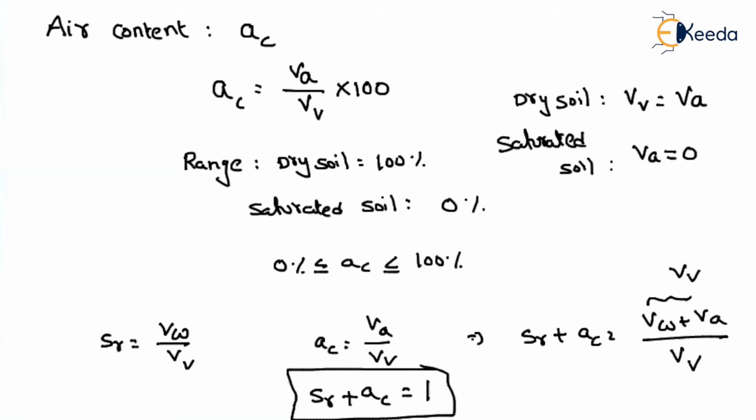Okay, now let us go to another parameter, that is the percentage of air voids. Previously, we discussed the air content. Now we are talking about the percentage of air voids. What is the difference? If it is air content, we are defining with respect to the volume of voids. That means in the volume of voids, how much volume is occupied by the air.